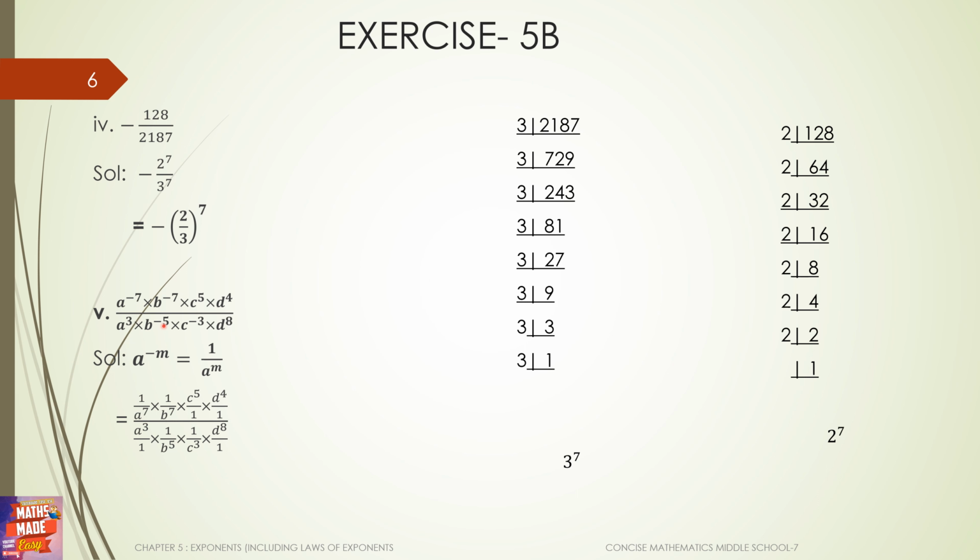Even this b to the power of minus 7, I'm going to change it as 1 by b to the power of 7. Here c to the power of 5. Here the power is positive. But since these first two terms were in negative format, we changed them into a fraction. So let's consider this third term is also a fraction. Since it is positive, we don't have anything in the denominator, so it is considered as 1.